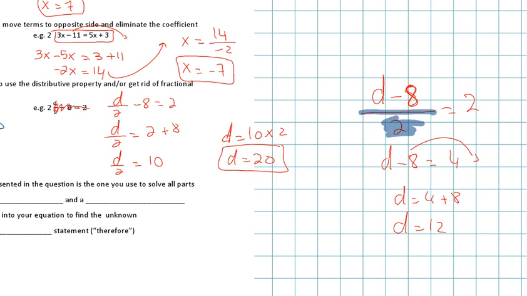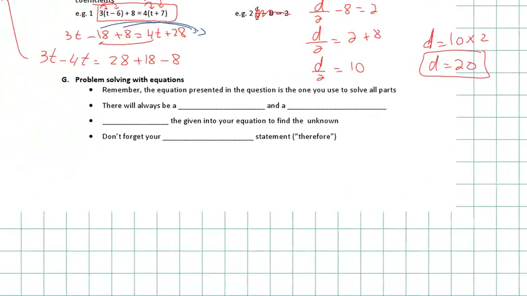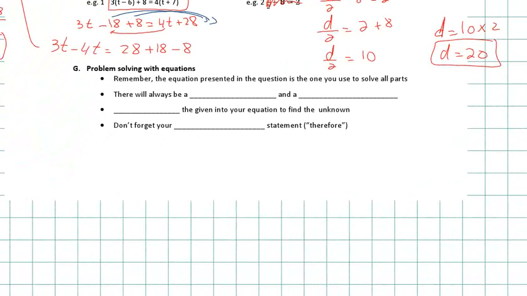Now, when you're solving problems, remember we have to follow the GRASP method: given, required, analysis, solve, and paraphrase. There will always be a given and a required. There's always going to be something that's given to you. So they give you, let's say, X, and you need to solve for Y. So there will always be a given and a required, what you're solving for.